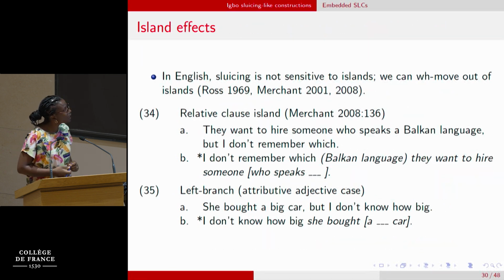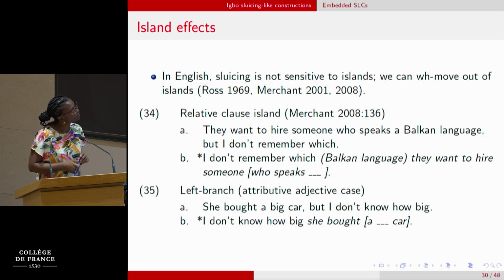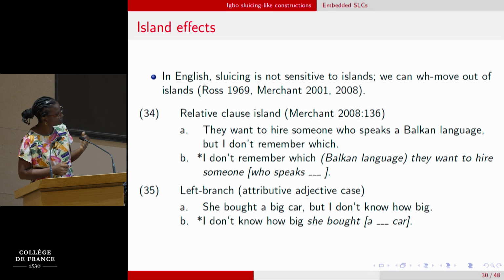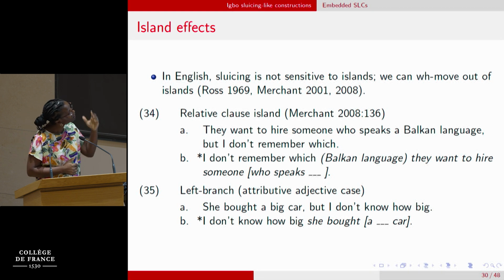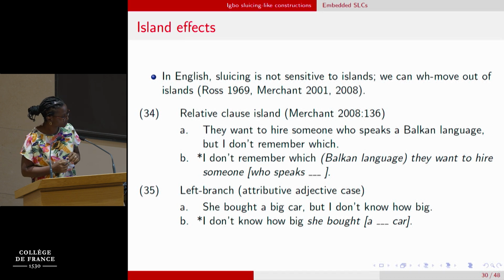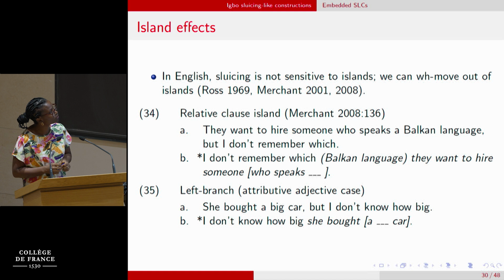Another property that I'm showing here for the embedded sluicing-like construction is that they are not sensitive to islands. The example here is for English, where sluicing has also been shown not to be sensitive to islands. So we have the relative clause island.